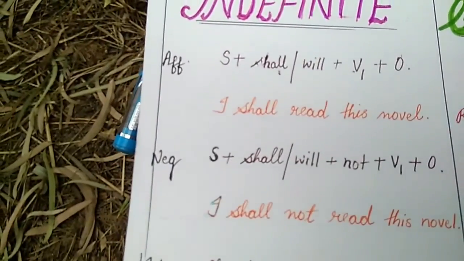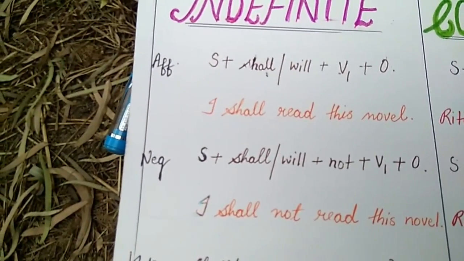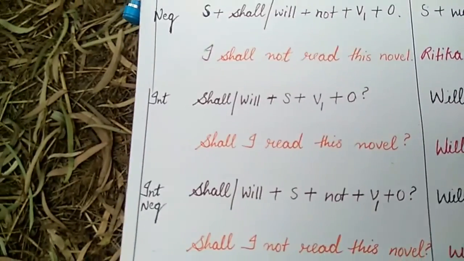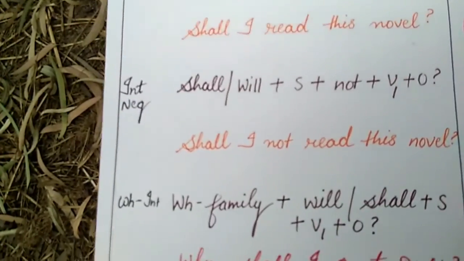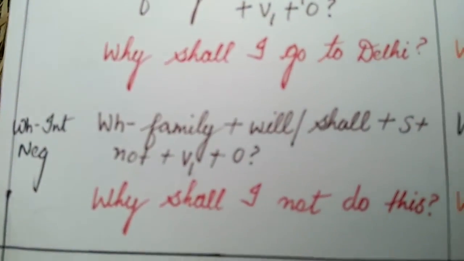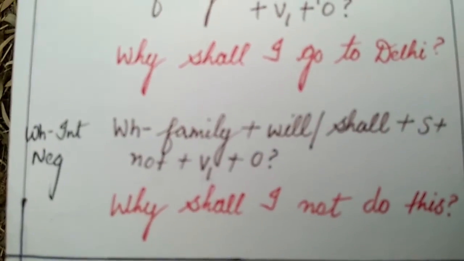Then we also discuss the negative structure, interrogative structure, and WH sentences, finally leading to the WH negative sentence structure.